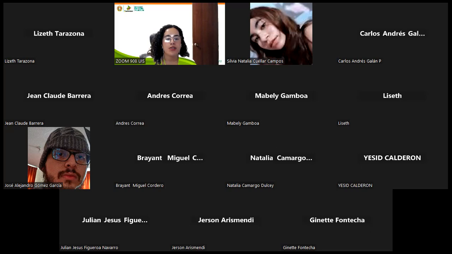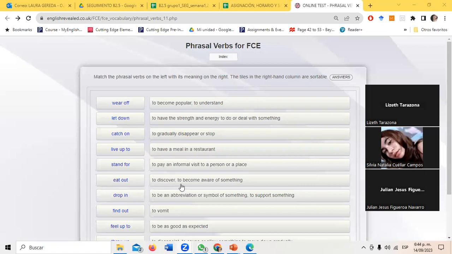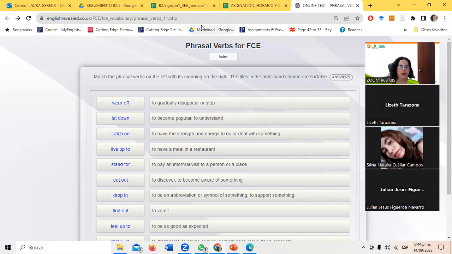Let's compare. So to wear off, what did you pair it with? To wear off: to gradually disappear or stop. Yes, let's put it here. So to wear off is to gradually disappear or to stop.